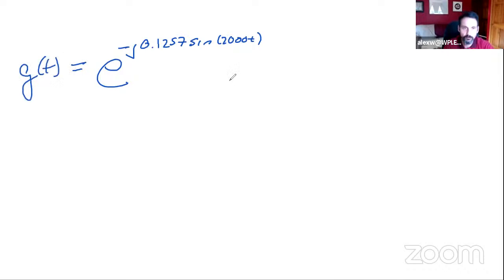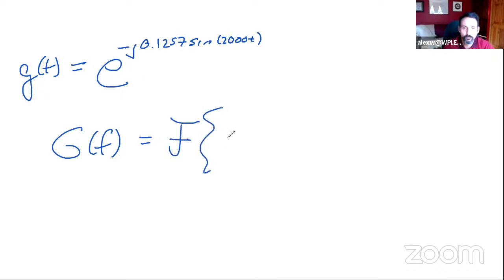Okay, correct. So now if I wanted to do, and this here, folks, is not in the solutions, but how would you go about it? If I wanted to get g of f, I would need to take the Fourier transform of this, and that's the painful part.